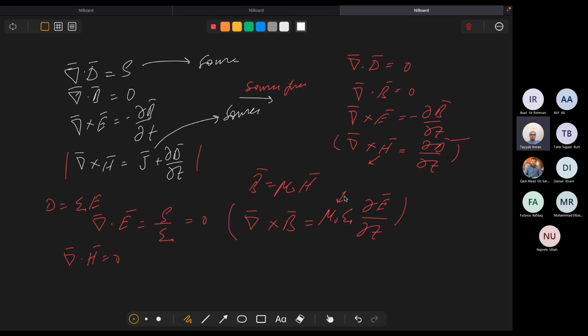Okay, and if we write like this, that is also a valid equation. Okay. Now we have these sets of equations with source and without source.